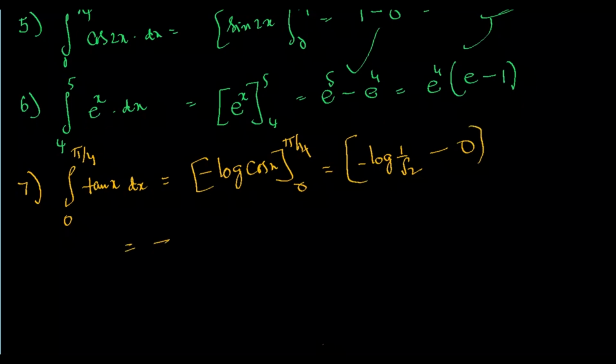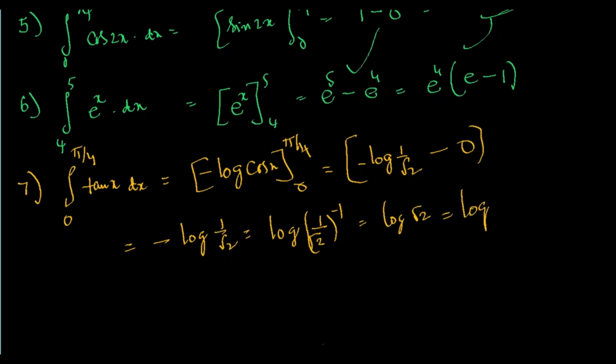So we have minus log 1 by root 2, which is also equal to log of 1 by root 2 to the power of minus 1, which is log root 2. This is the answer. Or you can write log 2 power half, root 2 means 2 power half, which works out to half log 2.